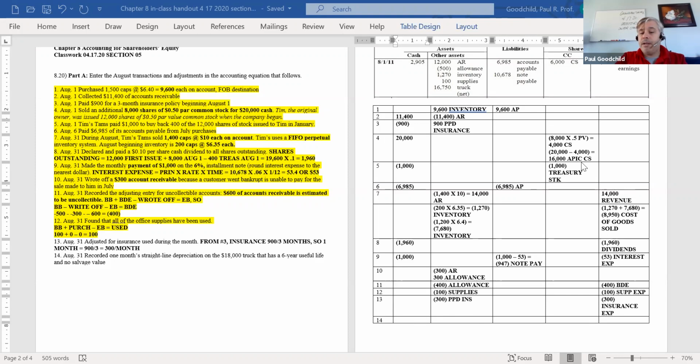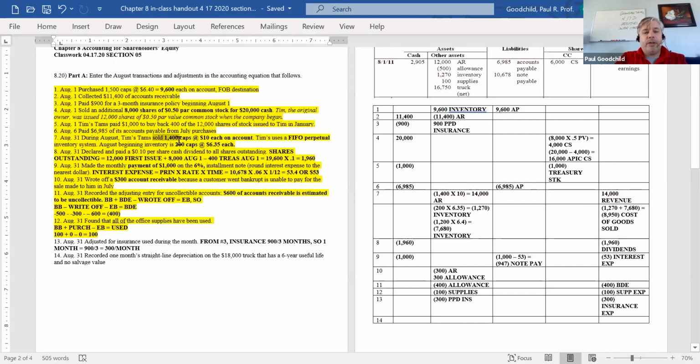All right, so just had a question. Before I finish wrapping that one up, someone asked about number 7 and where I got the 1,200 from. And sure, if we go back, it says that we sold 1,400 caps. And they had 200 in beginning inventory.